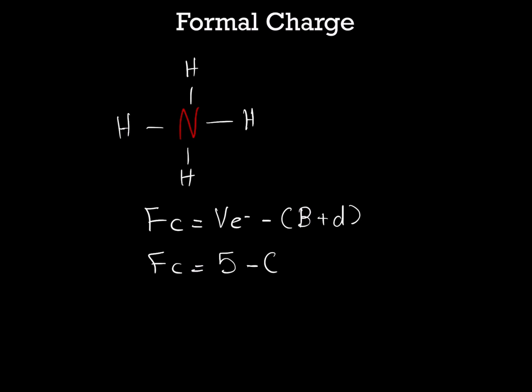In this structure, it has 1, 2, 3, 4 bonds. And it is not going to have any lone pairs, so it has 0 dots. And 5 minus 4 is 1. So this particular nitrogen is a cation. It has a +1 charge.